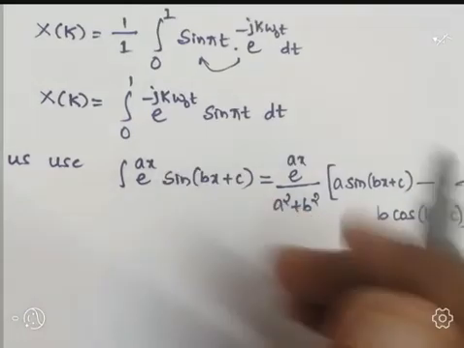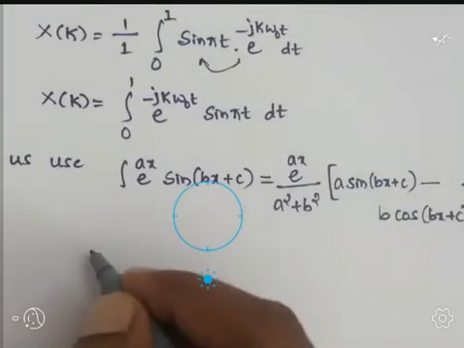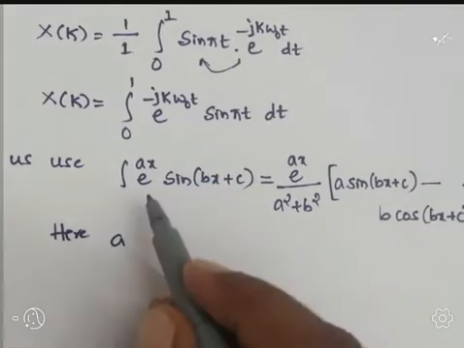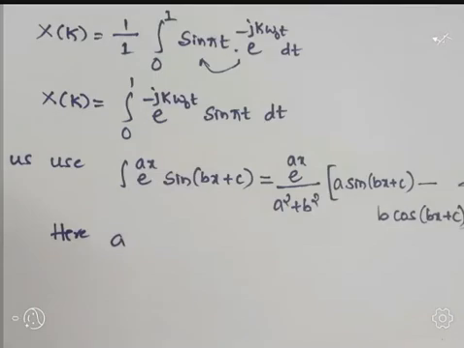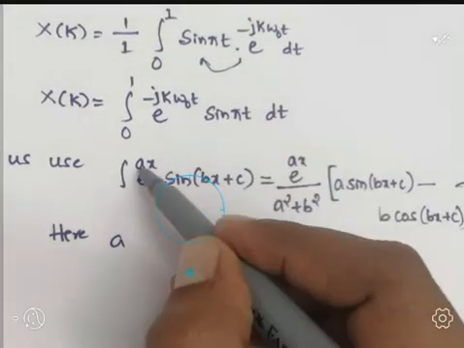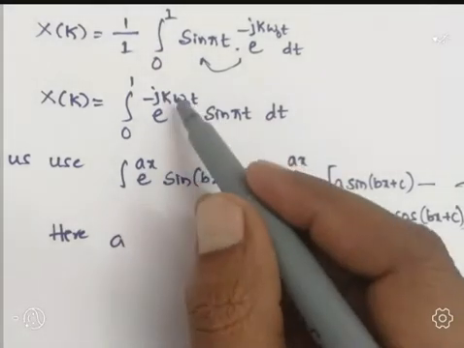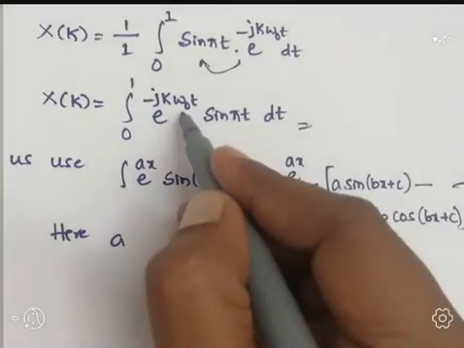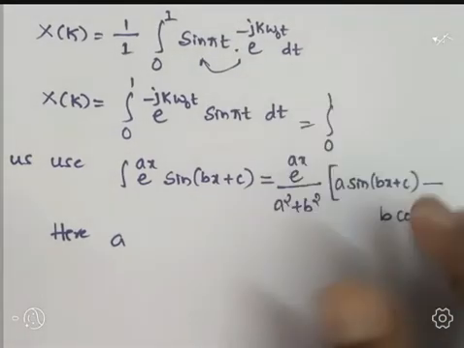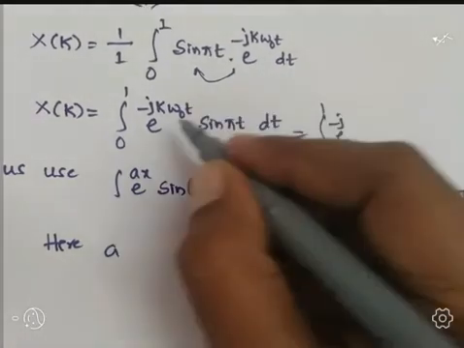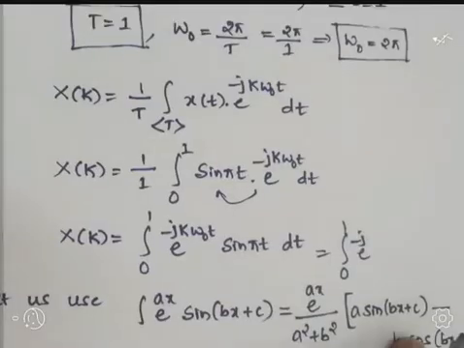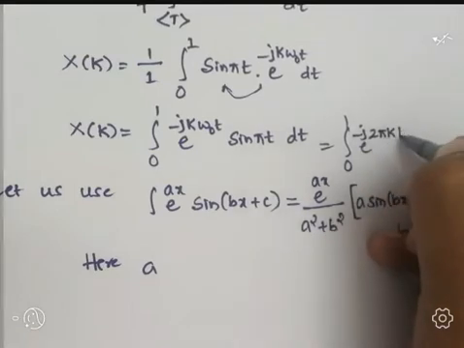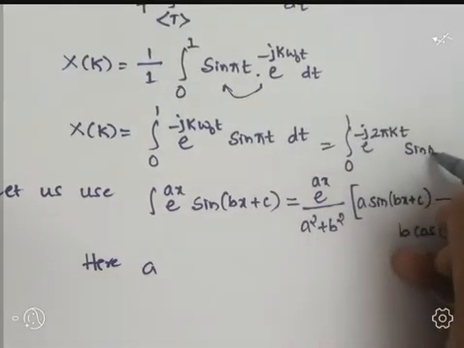So we have to use this formula here. Compare this equation and this integration equation. We can say that x is nothing but t. So apart from x, whatever term is there acts as a. But here we already calculated omega naught, so let us substitute: 0 to 1 e to the power minus j, omega naught is 2 pi, so 2 pi k t sine pi t dt.